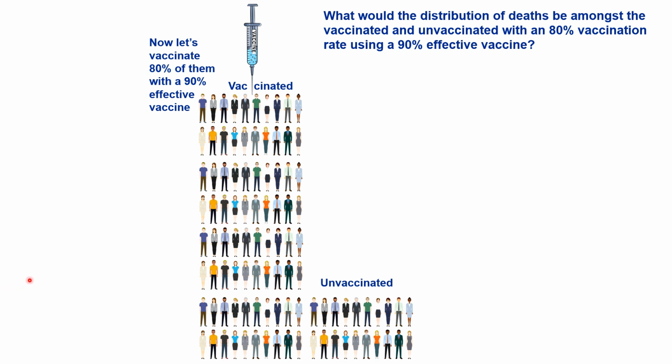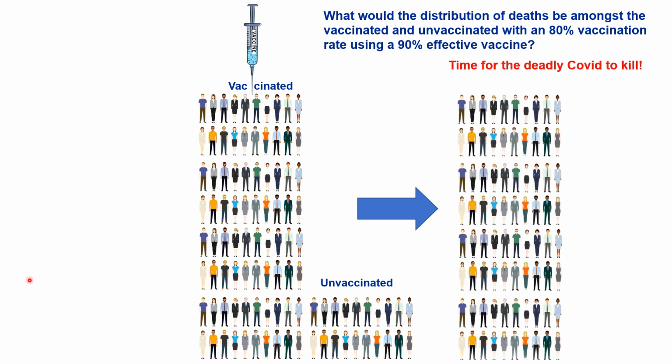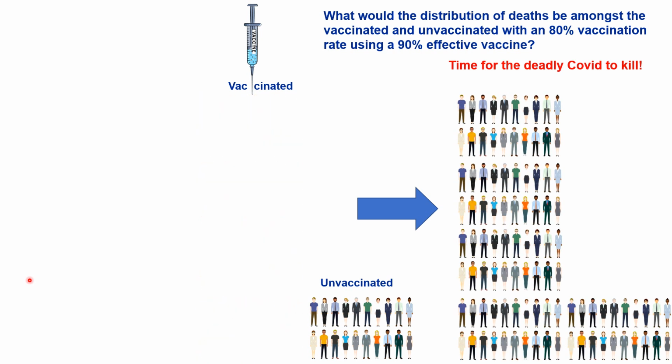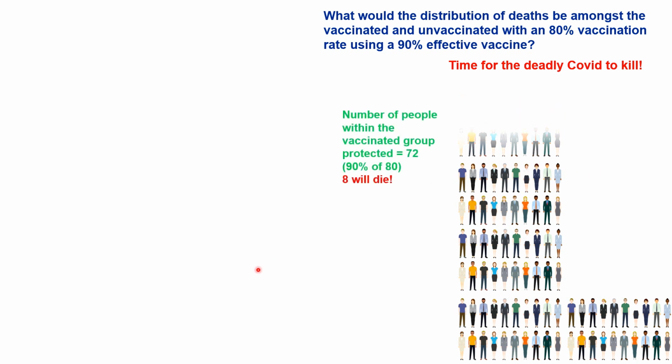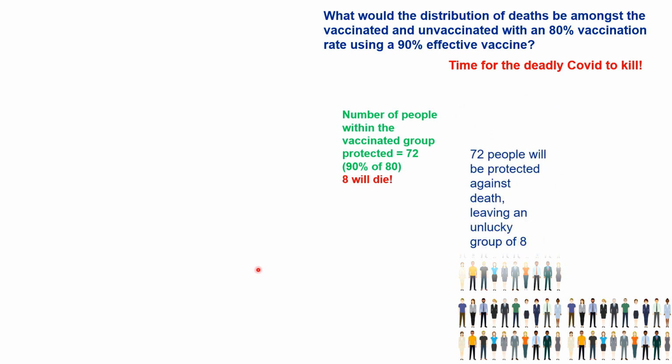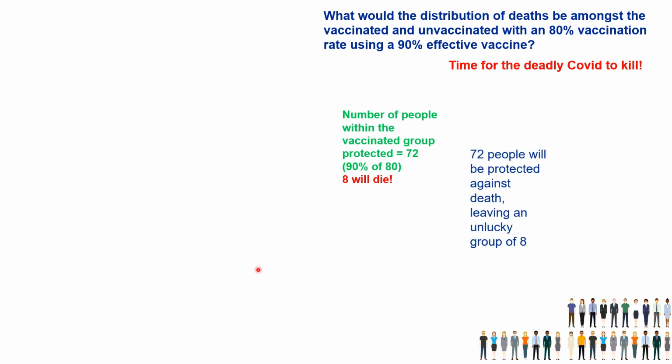Okay, it's fairly simple. So now it's time for the deadly COVID to kill. So now we've got our 80 people and here we've got our 20 people. So these are the vaxxed and these are the unvaxxed. Then the number of people within the vaccinated group protected will equal 72.